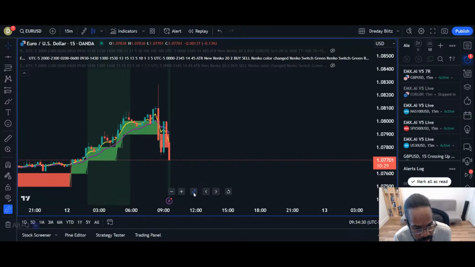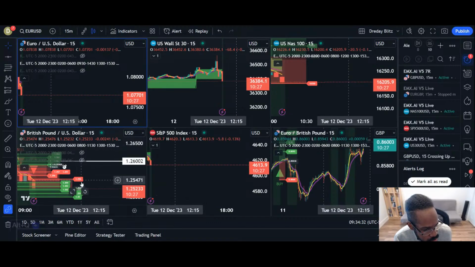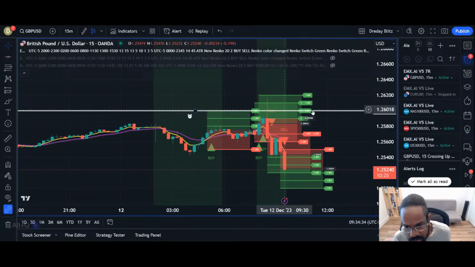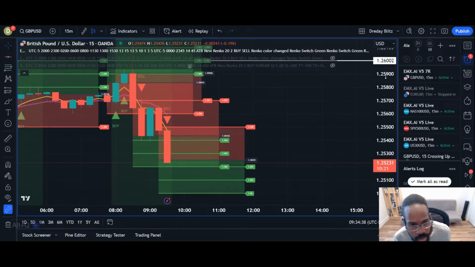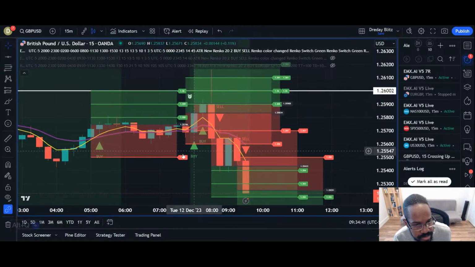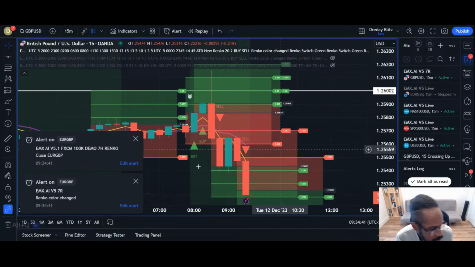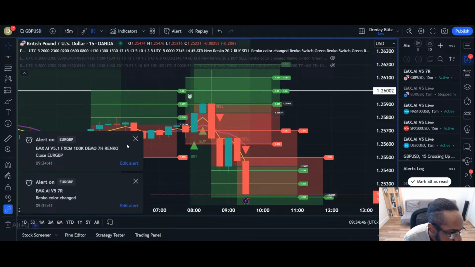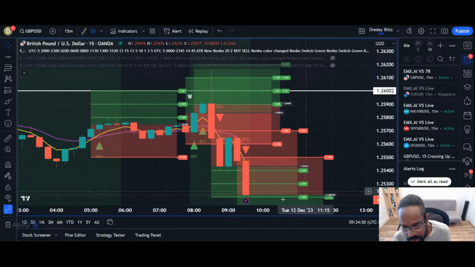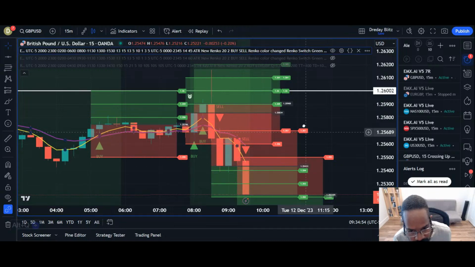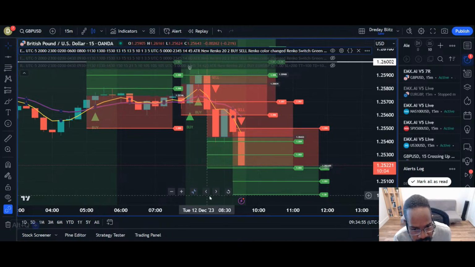Same thing for GU. GU at news, we had a sell. We had a buy before news, and then it started to sell. So now it's selling here.